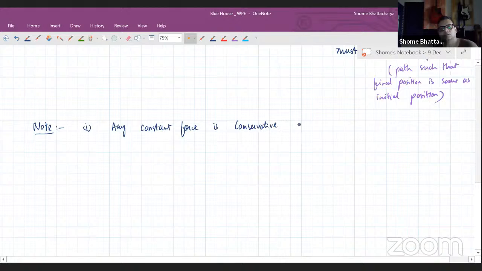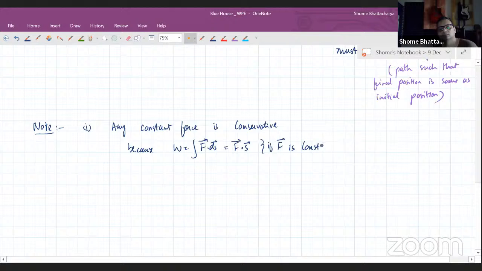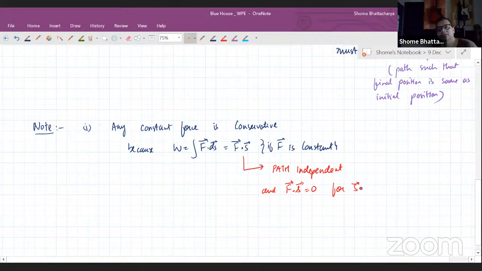Because work done by a constant force, we've already seen, is F dot S. So here you can see that this final expression is path independent, and F dot S must be equal to 0 for the net displacement being 0, that is a round trip.